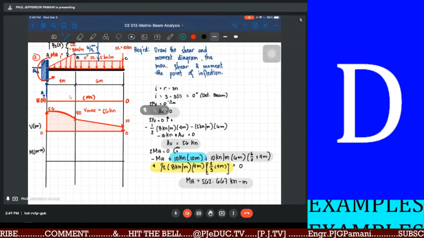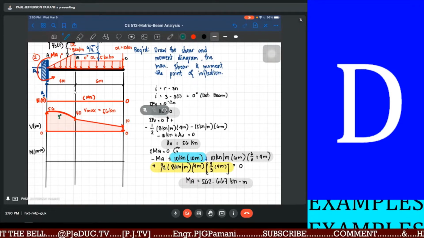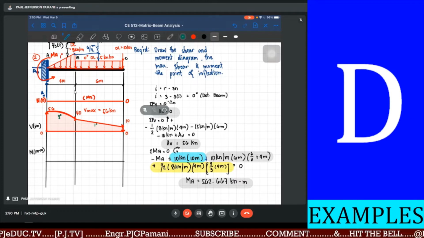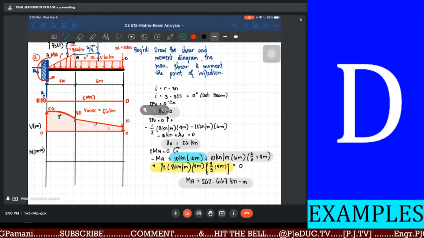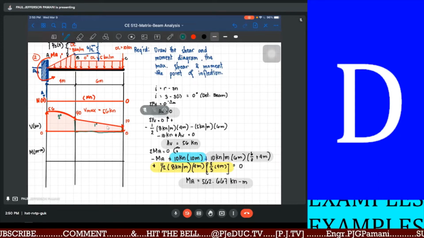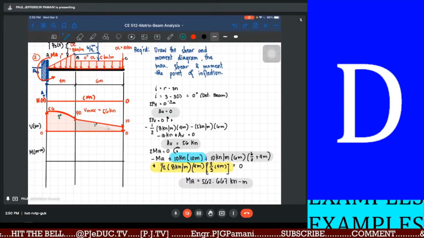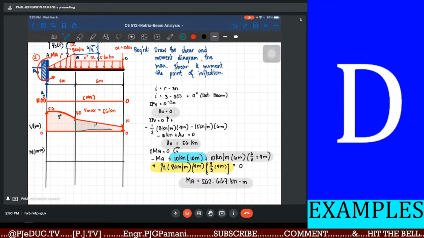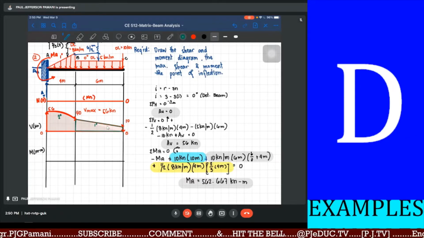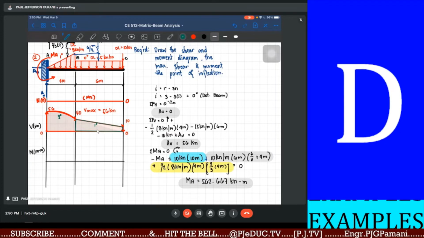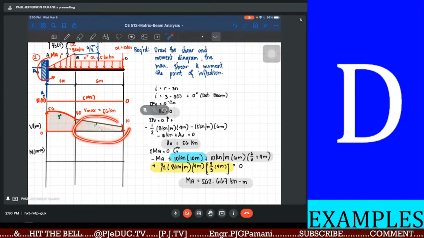So notice here that this part of our diagram is already on the second degree of the curve, and this is also on the first degree. This diagram, we can simply solve by trapezoid, no? Pwedeng-pwede nating isolve dyan by area of a trapezoid.